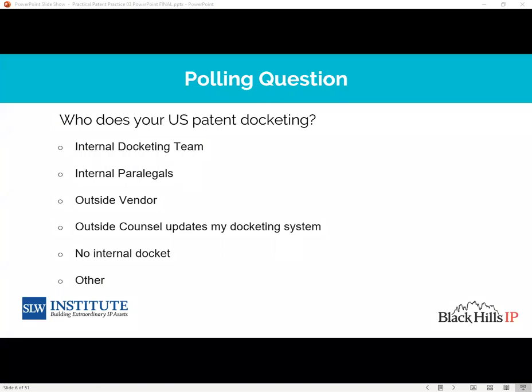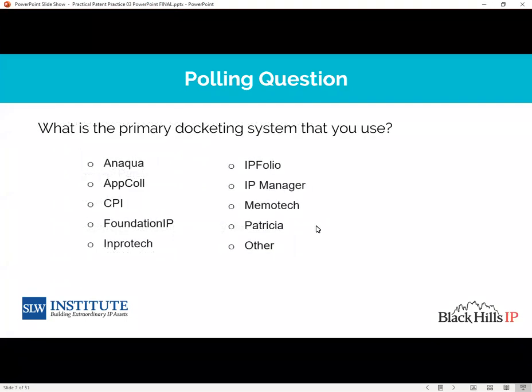Good. All right, one final question that I always find interesting, and that is, what docketing system are you using? So Michelle, let's launch the poll and go to the next slide. So are you using, and I know there's more systems out there than just what we have on this list, but the webinar tool that we're using limits the number of options you can have for choices.